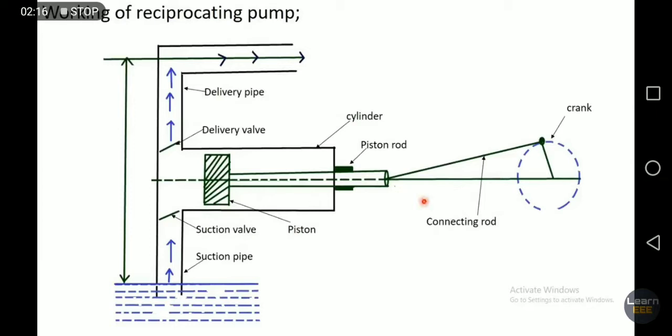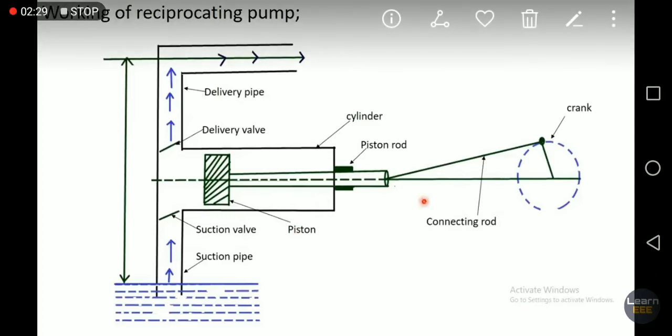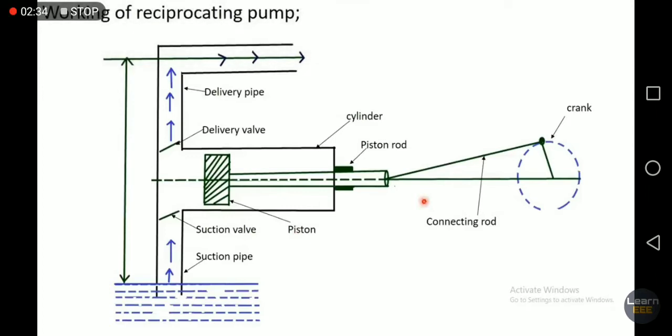The type of valves is non-return valve. Once the liquid is allowed in one direction, the fluid does not flow in the backward direction. So that is called a non-return valve.